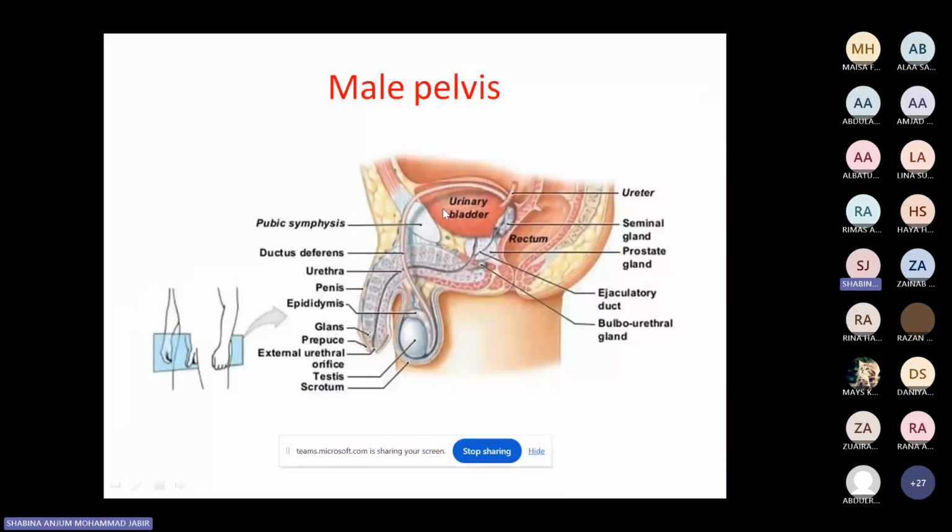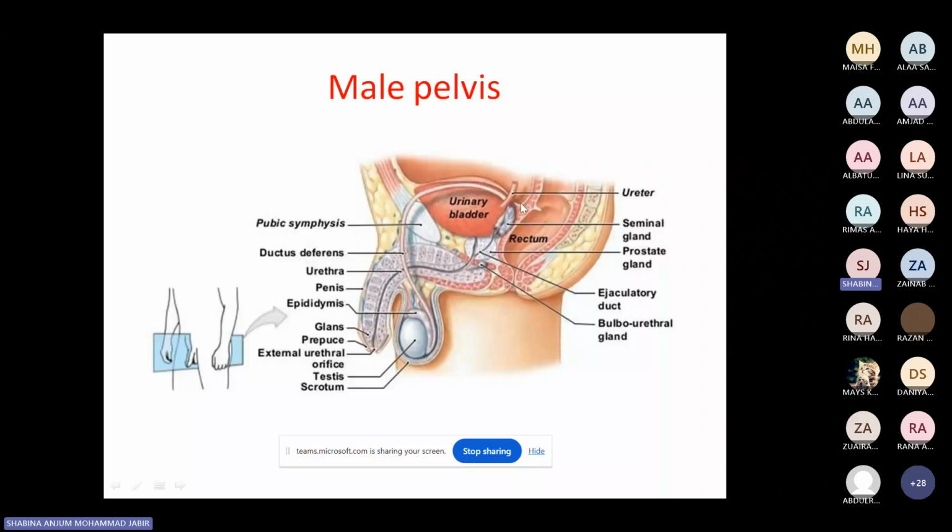So in the male pelvis, again we have the peritoneum, which will be covering the rectum. We know already the rectum has three parts regarding peritoneum. The upper part will be covered in front and on the sides as well. The middle part will be covered from in front.